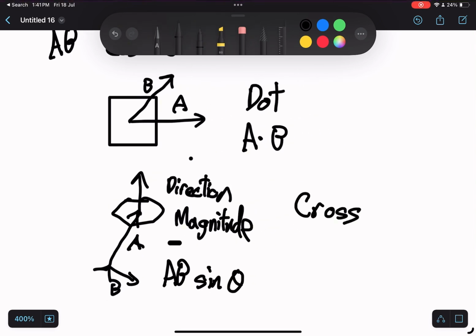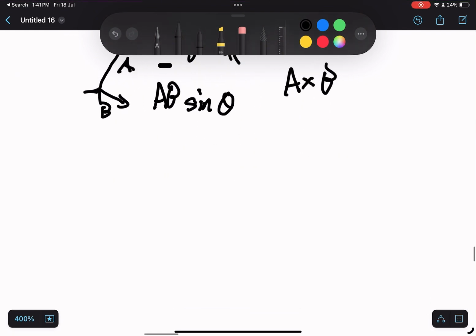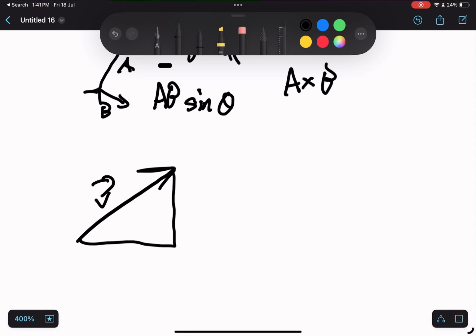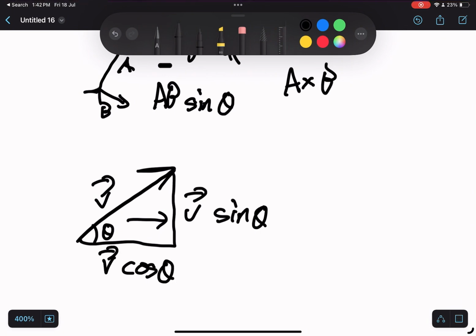This is known as the cross product, which is written as A x B. Finally, we have the vector decomposition, where we use some trigonometry and the angle theta, so that side is v sine theta while the bottom side is v cosine theta. And this is decomposition. Done.